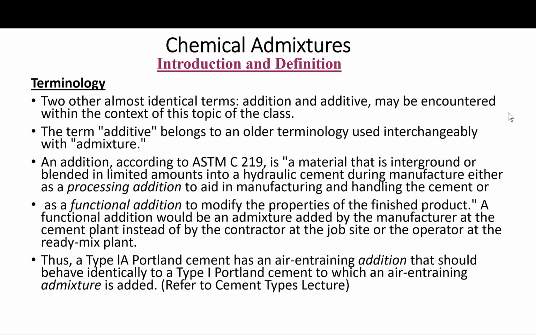Okay, so this is an example of a functional addition. An example of a processing addition is a grinding aid, which should not, in theory, affect the behavior of the finished cement. If you remember during the talk about the manufacture of the cement, we add grinding aids and that sort, okay?